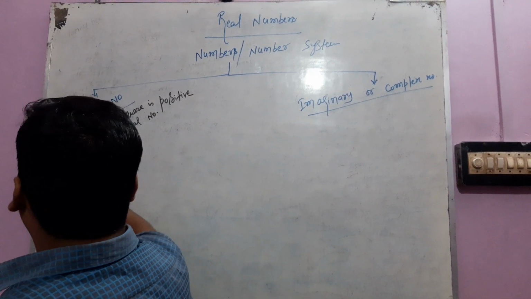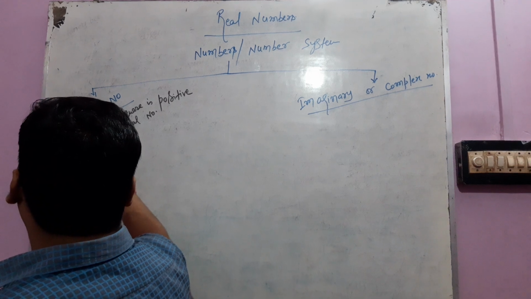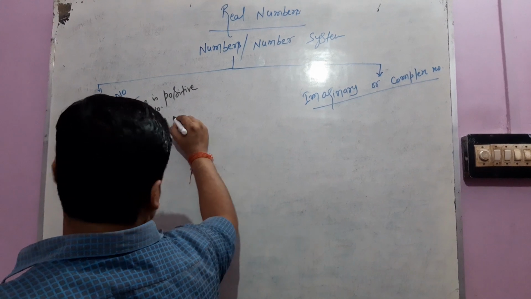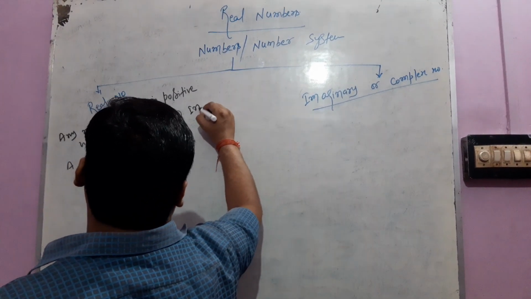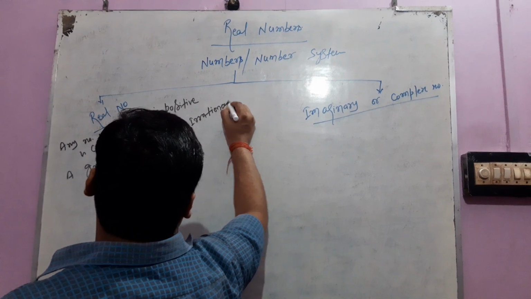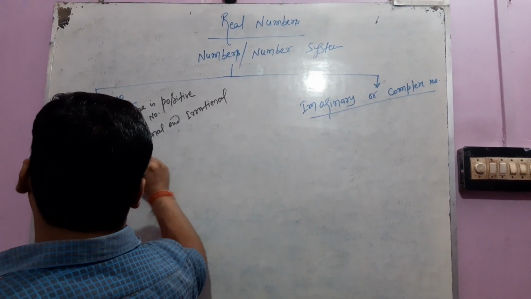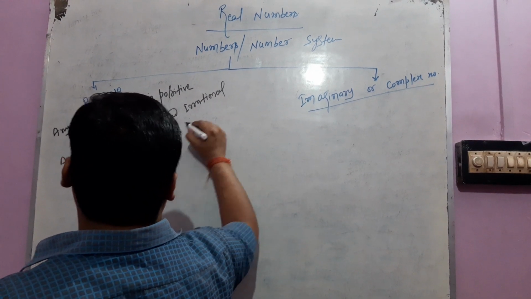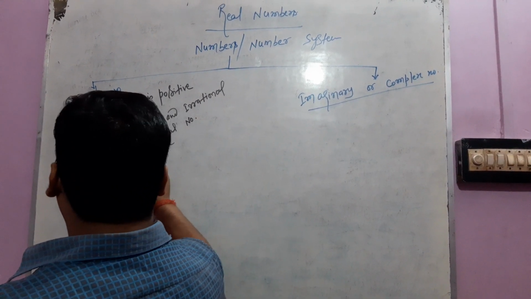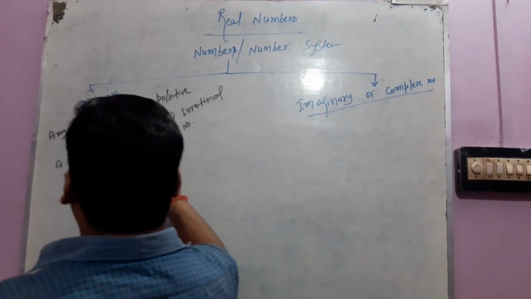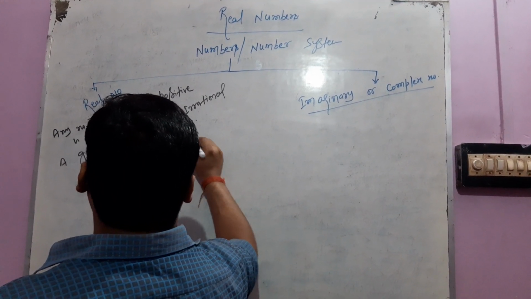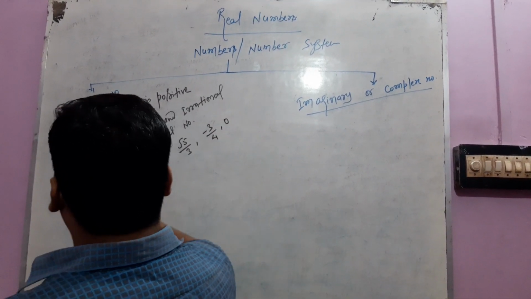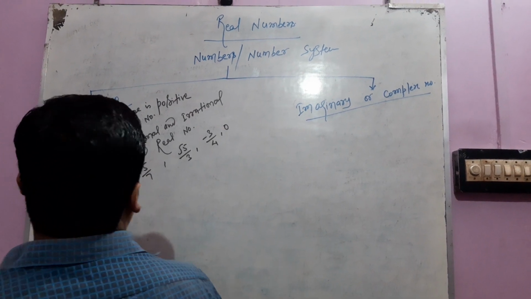Or a group of rational and irrational numbers is called a real number. For example, root 5 is a real number, 5 by 7 is a real number, root 5 by 3 is a real number, minus 3 by 4 is a real number, and 0 is also a real number. These are some examples of real numbers.